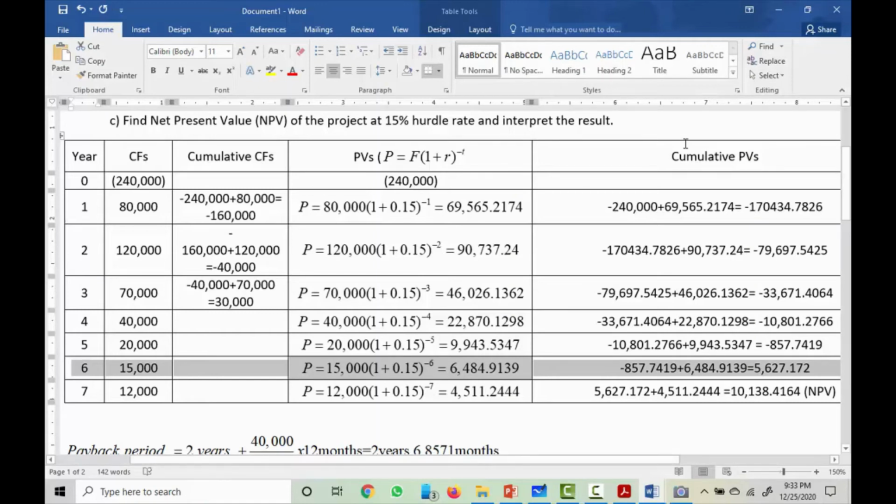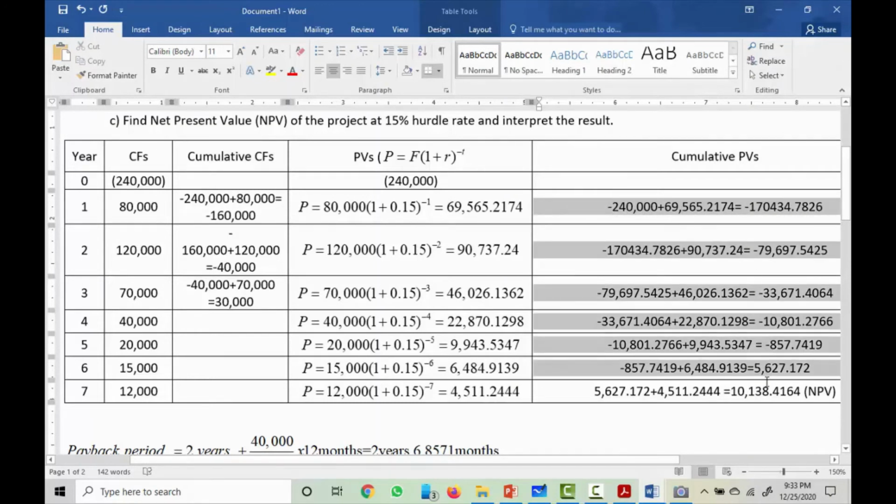Discounted means we need to calculate present value, and to find out the payback we need cumulative. So to find out the discounted payback we need cumulative present values. We have already calculated present values, so we just need to calculate cumulative present values that way.